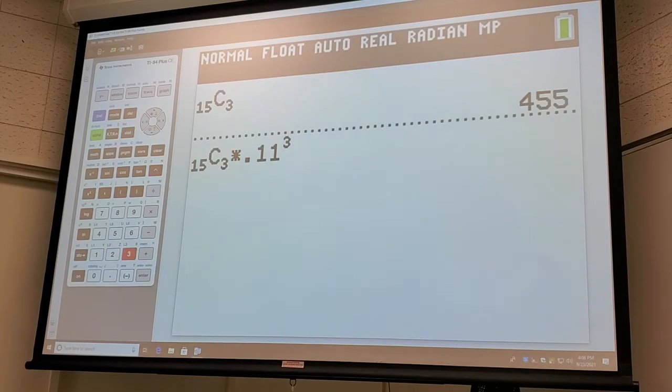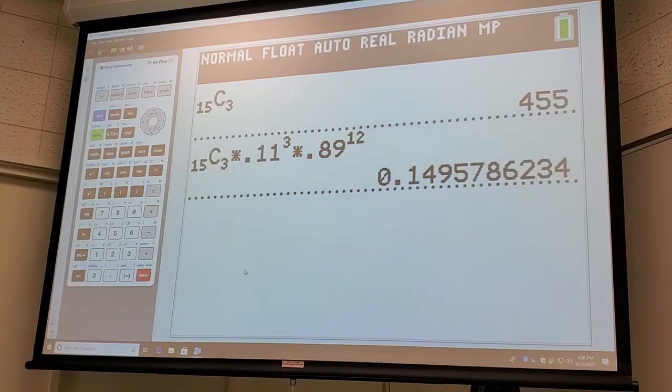I got 3 of them. Times the rest of them. So always, these powers have to add up to be the total number. That's kind of cool. So I got just about a 15% chance. So something just happened. 3 people in here are left-handed. And there was just under a 15% chance that that would happen.